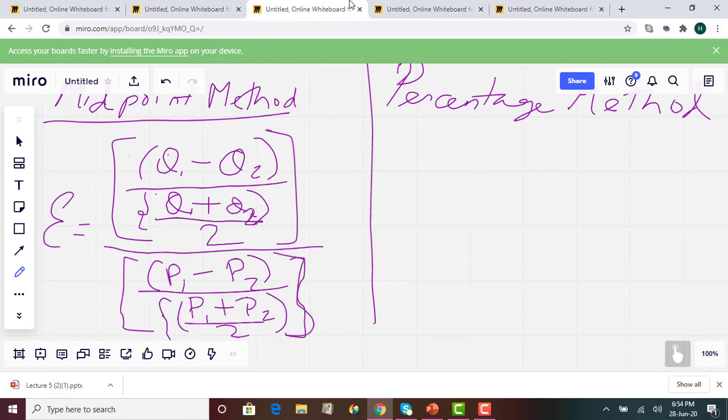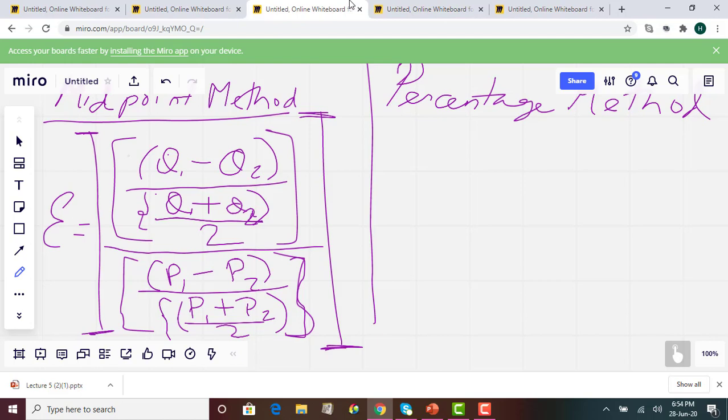We also have to take the absolute value of this number. If it comes out to be a negative number, we make it positive, because we take the absolute value. That's what we are going to do in this case, because price elasticity of demand cannot go below 0.